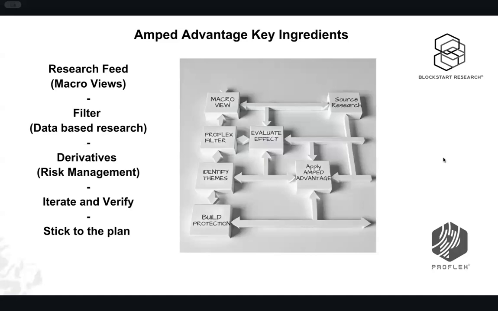So we get a very heavy research feed every day. Being in Silicon Valley, we have done a lot of analysis around how to filter this research. We call it verification across multiple sources. We first filter the research database, and we build our macro views.